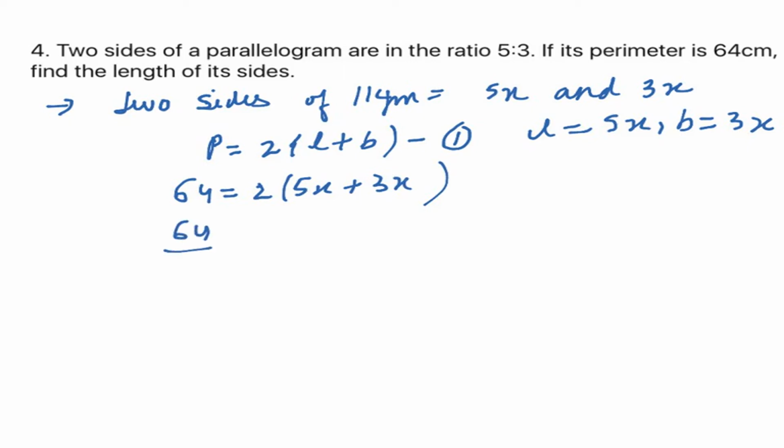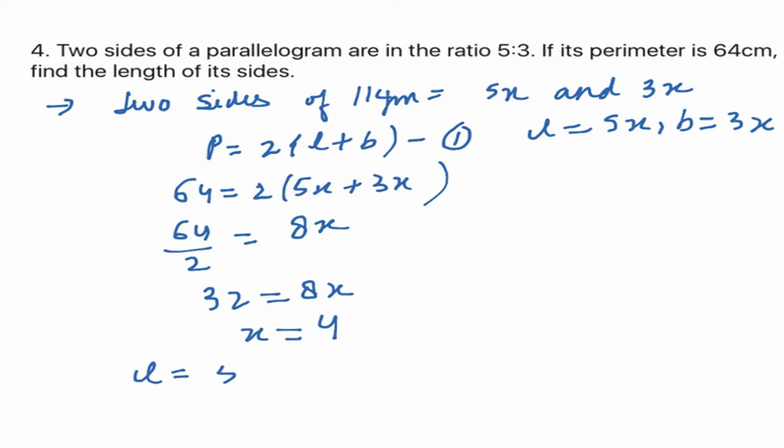That means 64 divided by 2 is equal to, we can add these two terms, 5x and 3x will give us 8x. 64 divided by 2 will give us 32. 32 is equal to 8x and x will be 4. Now we know the value of x is 4. So it means length will be 5x, that means 5 times 4, that is 20, and breadth will be 3x, that means 3 times 4, that is 12.